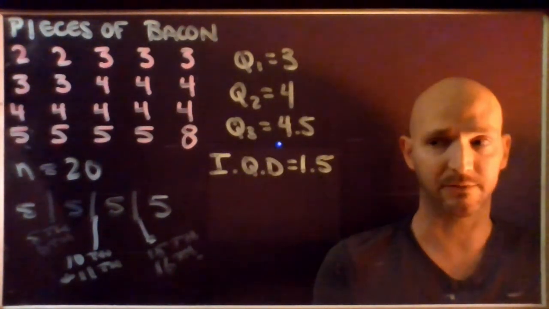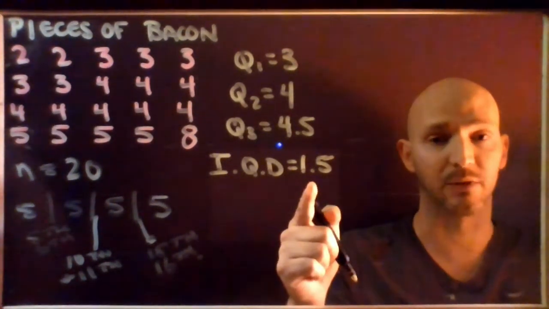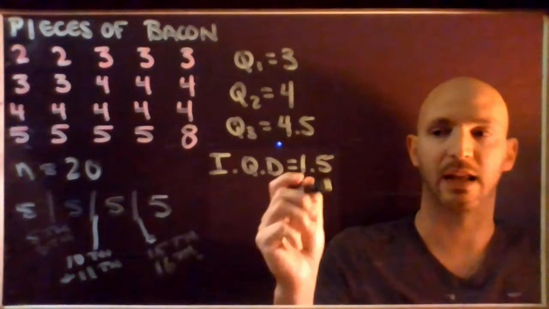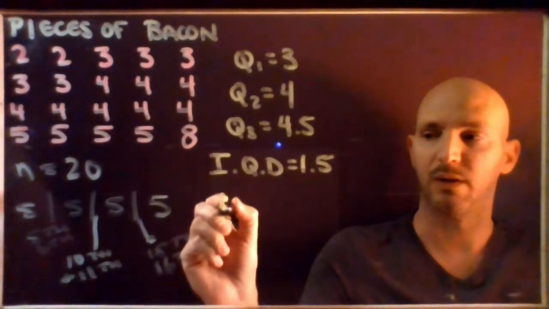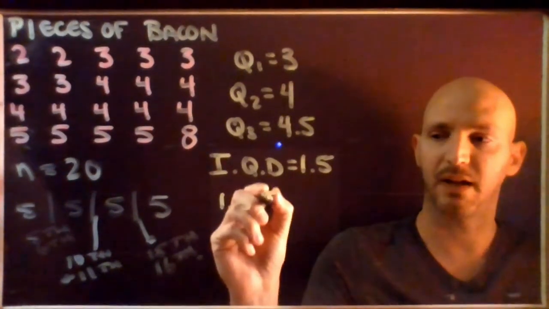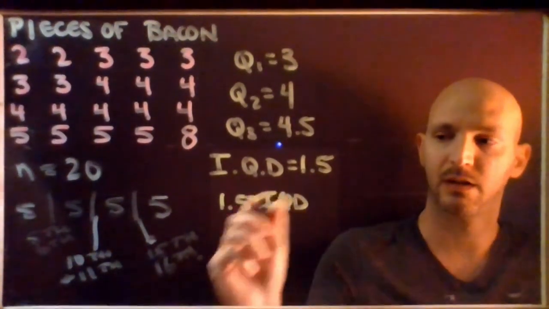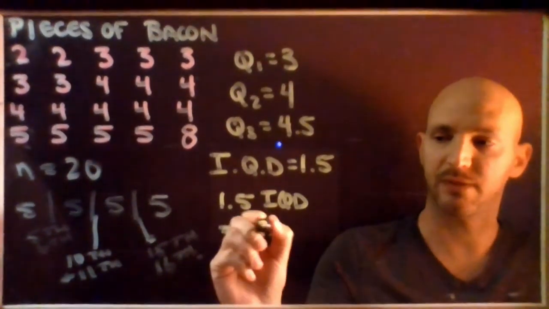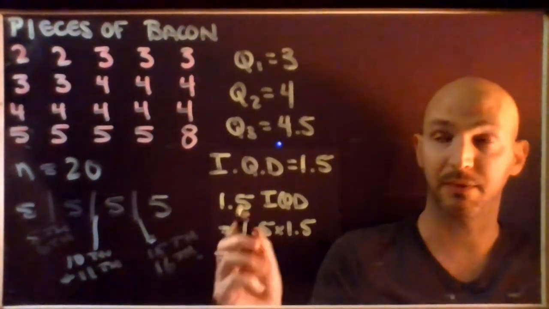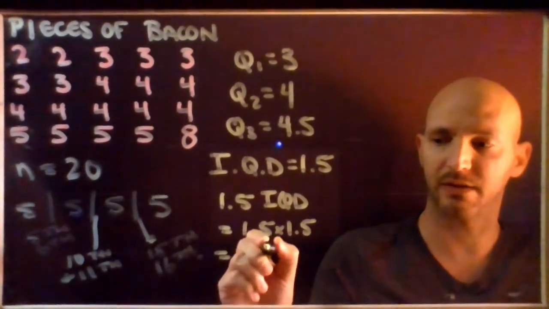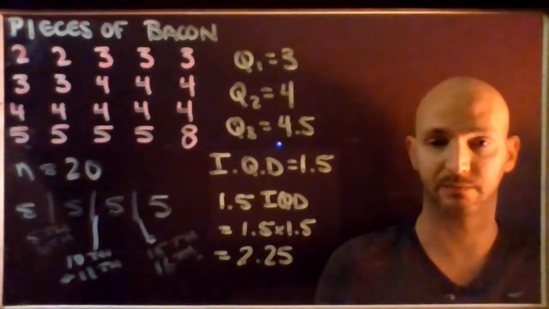So first off, I want to take this number, my IQD, and I want to multiply it by 1.5. So 1.5 times my IQD happens to equal 1.5 times 1.5, which happens to be 2.25.